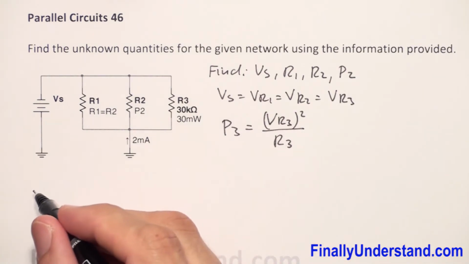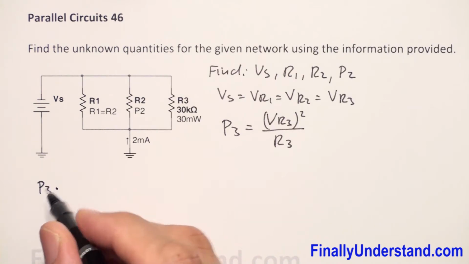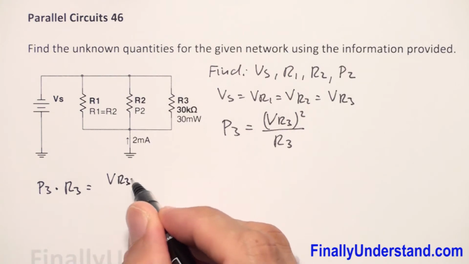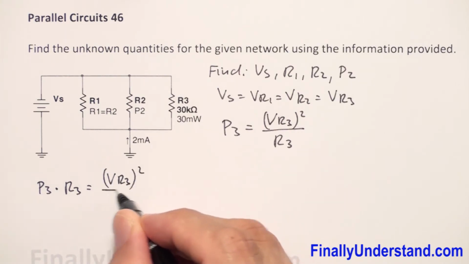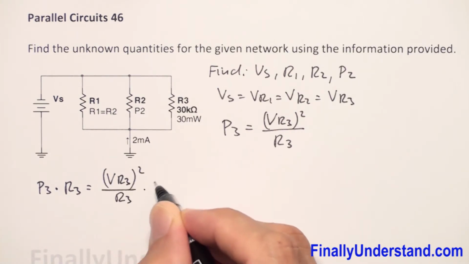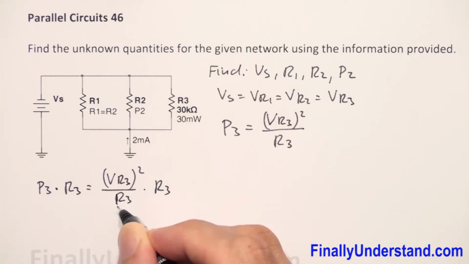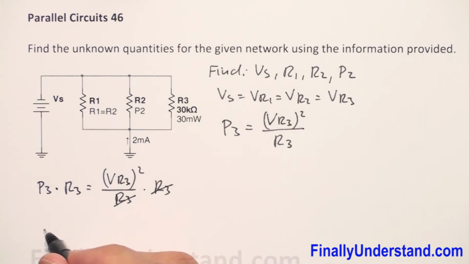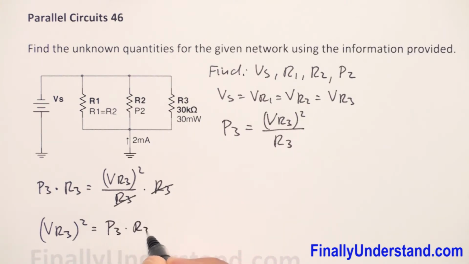So what I'm going to have is P3 times R3 equal to VR3 to the second power over R3, times R3. R and R will cancel out. Okay, so I'm going to write that VR3 to the second power is equal to P3 times R3.